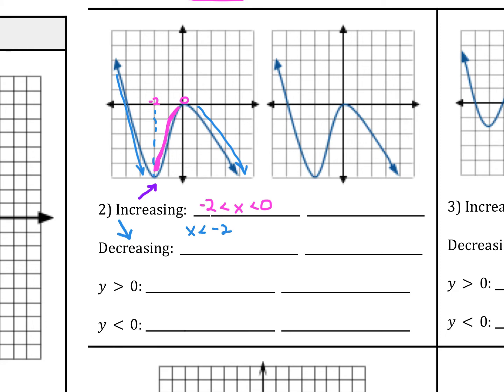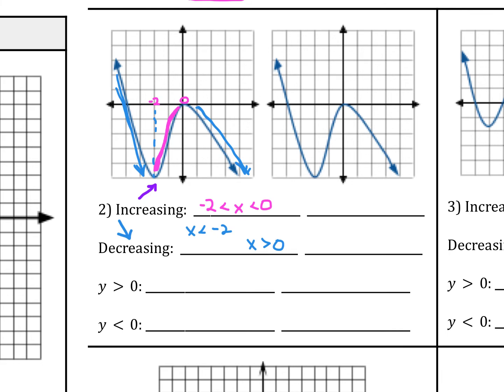Here's the -2. It's decreasing when it's less than that. And then it's also decreasing on the right. So that is when x is greater than 0. Okay, so decreasing when x is less than -2 and x is greater than 0. And notice they really do focus on the same values that we looked at for our increasing.